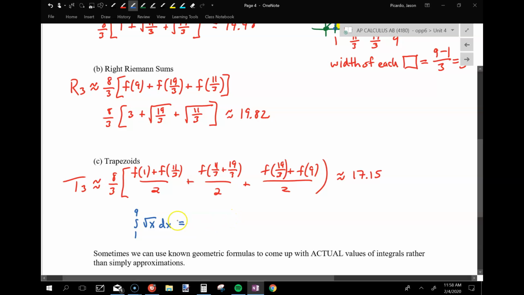So this is x to the 1/2, right? So if I increase that power by 1, it becomes 3/2. What has to go in front then? 2/3. And we're evaluating that on the integral from 1 to 9.